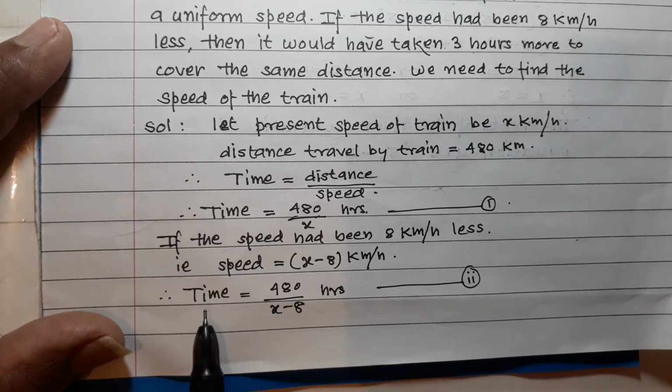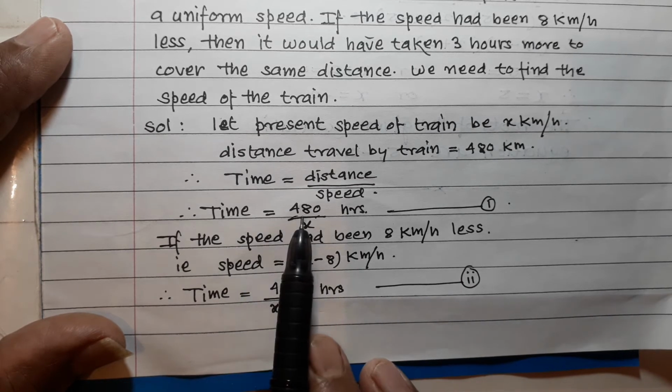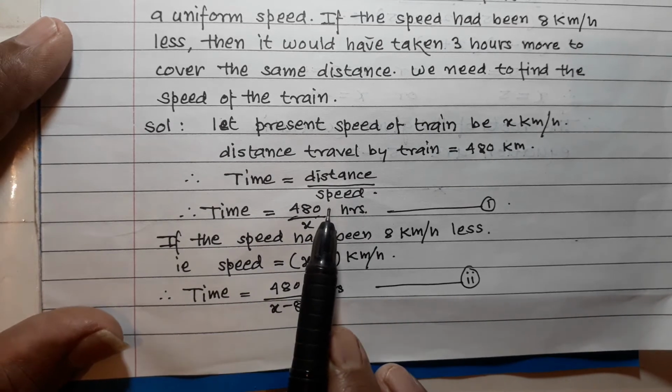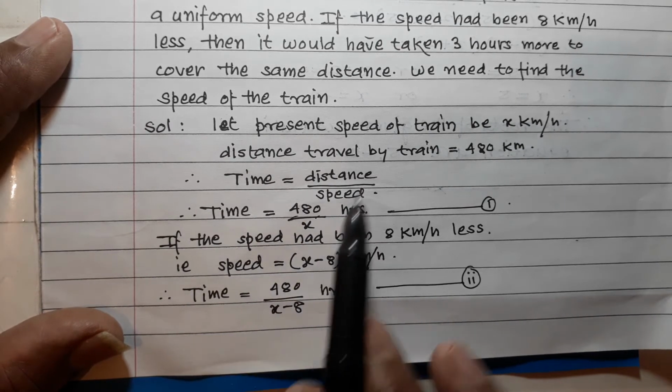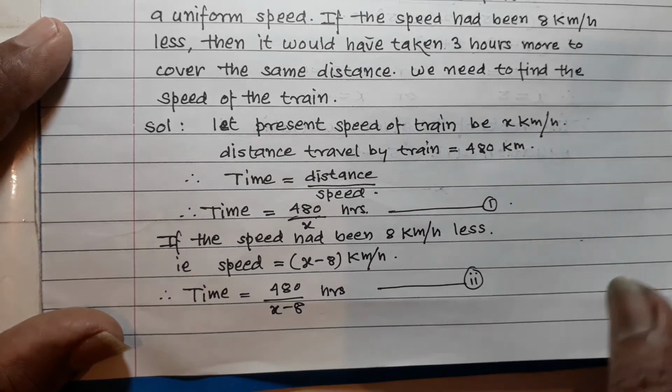Okay. Now here this is the speed, this is the time when speed is less, and this is the time when speed is large. So this time is less, and it is by 3 hours. Okay. And therefore write your equation properly.